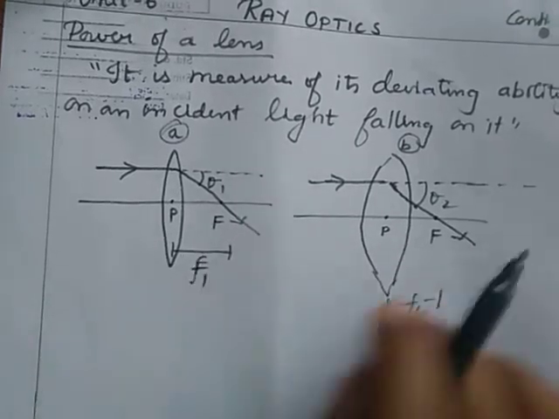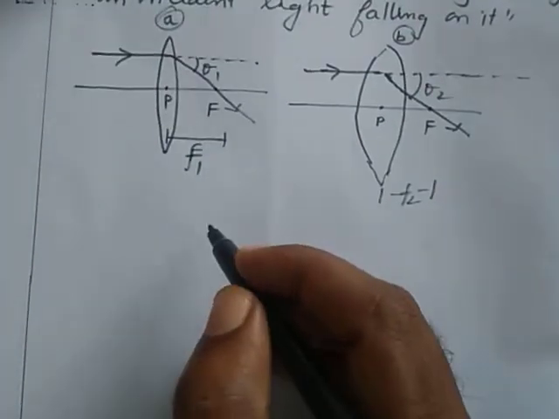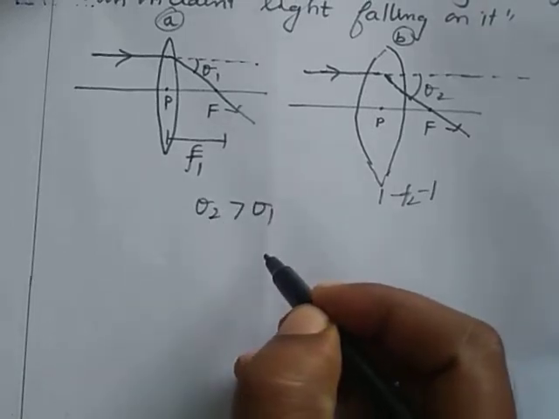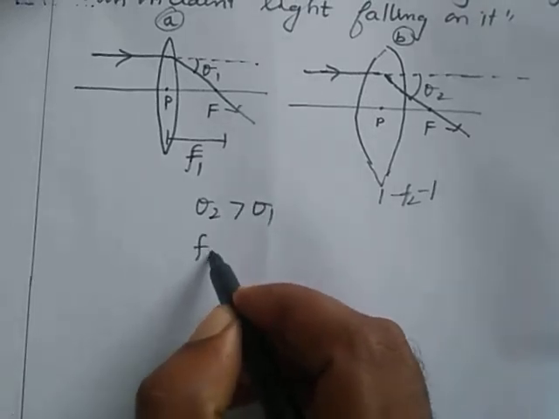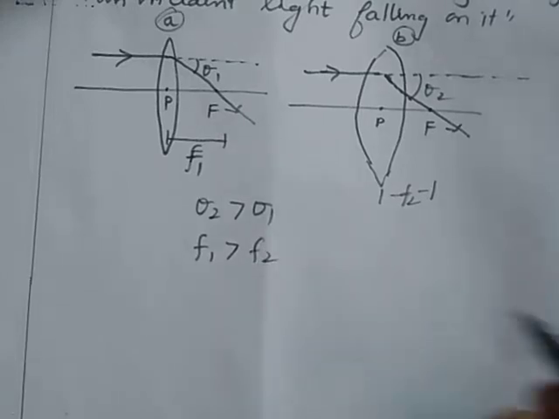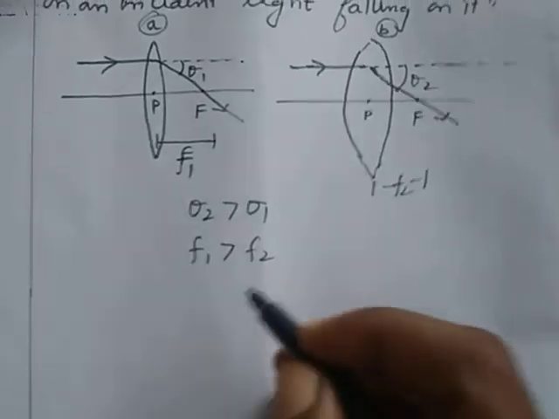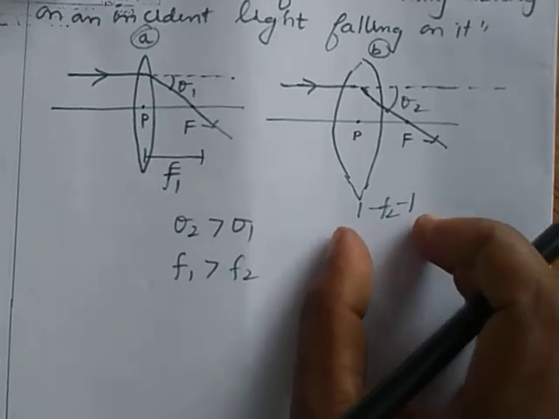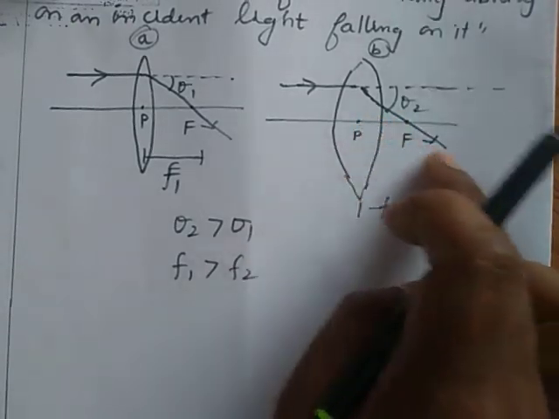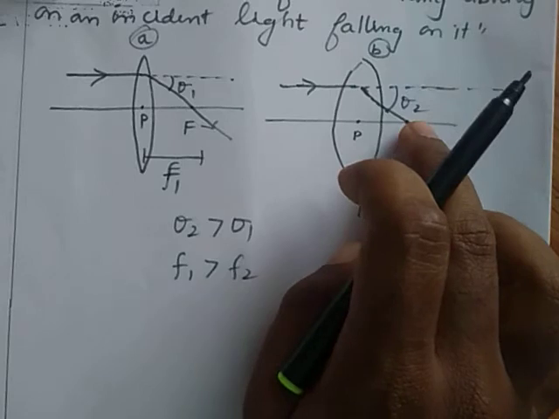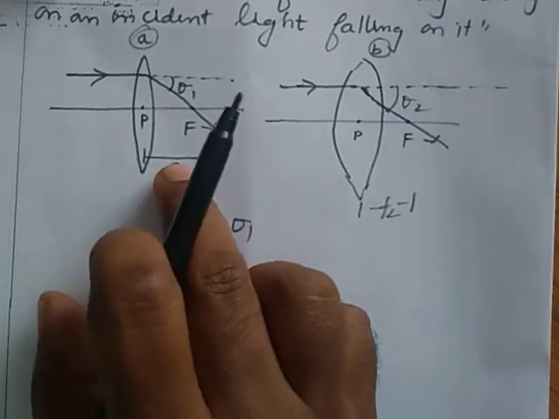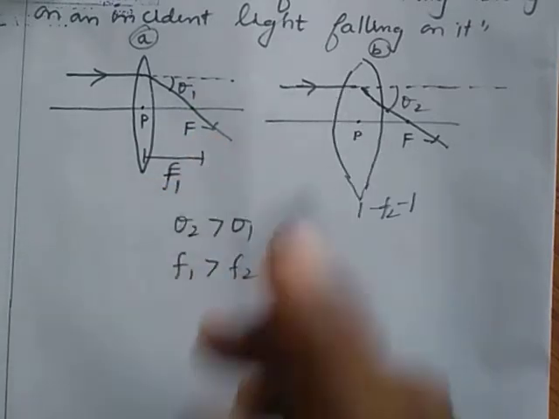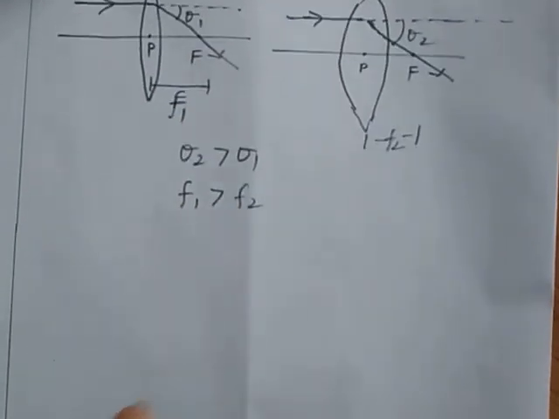Comparing these two situations, theta2 is greater than theta1 and the focal length F1 is greater than F2. If the lens has less focal length, then the deviating ability is more; the angle becomes more. A lens having more focal length has less deviating ability. So the power of a lens depends on focal length.